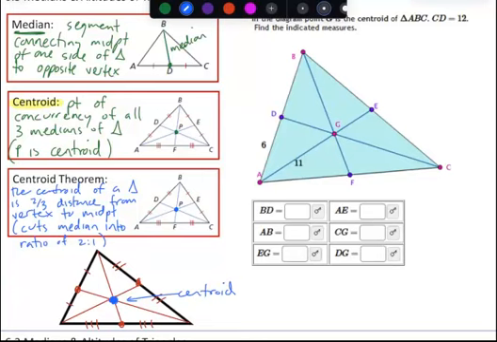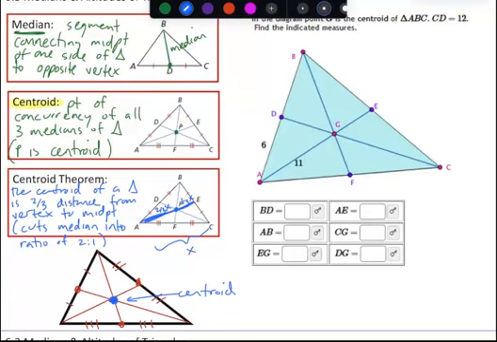By this theorem, it says two-thirds the distance from the vertex to the midpoint. What that means is that if you took this whole measure right here, and that whole measure was x, then this distance right here is two-thirds of x, and this distance here is going to be the remaining one-third.